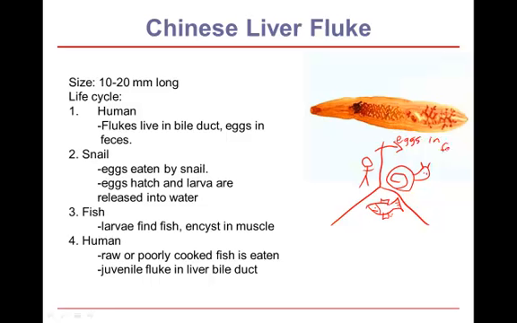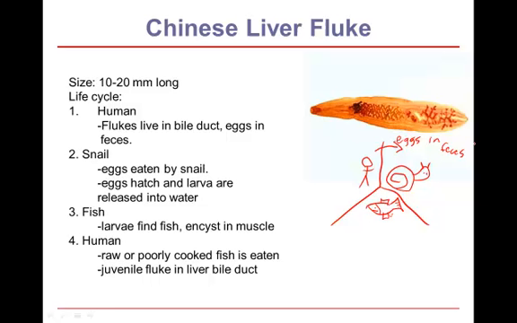Now, in the places where these flukes occur, human feces are used as fertilizer to fertilize the rice fields, the rice paddies, and this is required. Otherwise, they will not produce enough food to feed their people, and starvation will result.